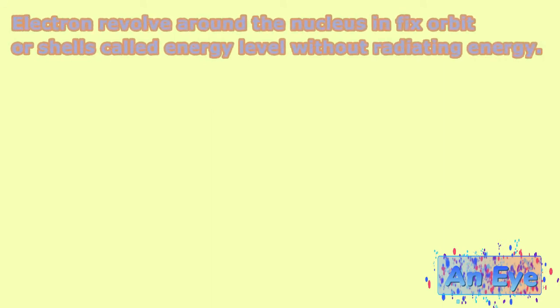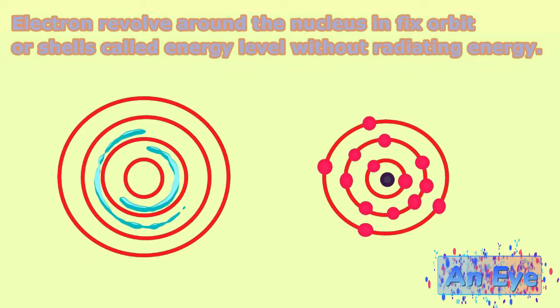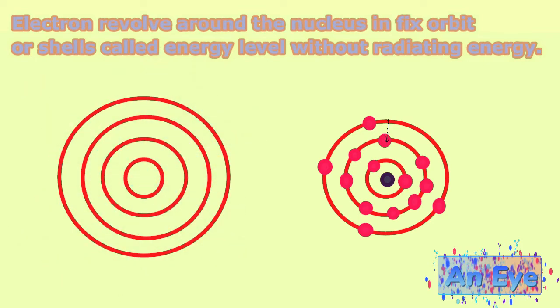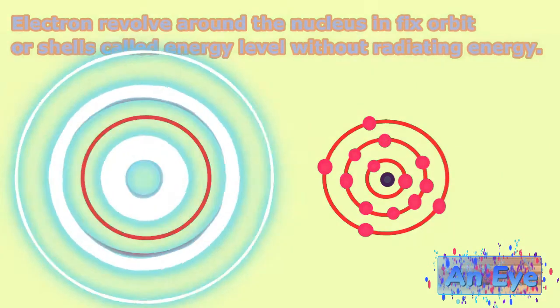Bohr's second postulate states that electrons revolve around the nucleus in fixed orbits, or shells called energy levels, without radiating energy. The above postulates state that every electron revolves around the nucleus in a fixed circular orbit, and the electron cannot revolve somewhere between the two orbits, so they have a fixed path to revolve around the nucleus.